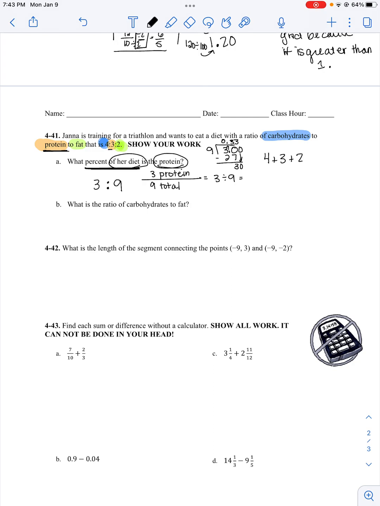I add a 0. 9 goes into 30 3 times, which is 27. It's going to repeat. So I'm going to round it to my nearest thousandths place. And then it wants a percent. So I take my decimal point, I move it 2 places. It's 33 3/10%.